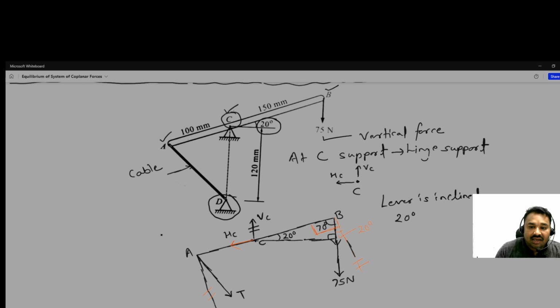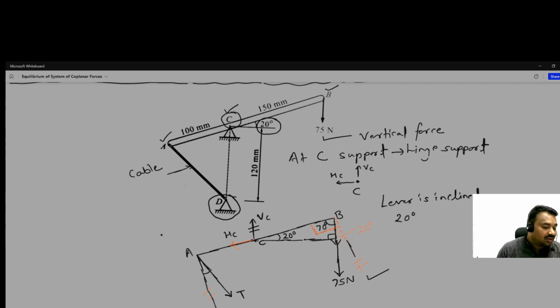Okay, and this one and this one both are parallel. So this inclination we came to know, and next we have to know about the inclination of this.